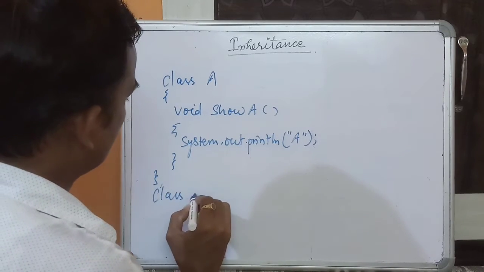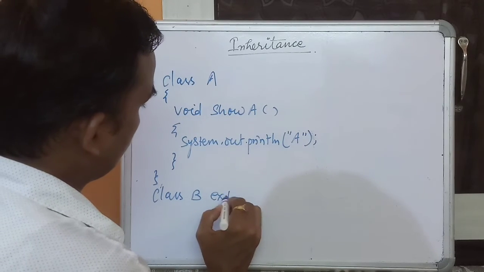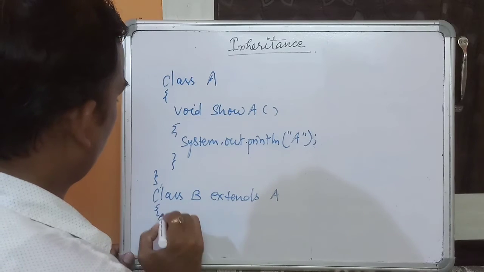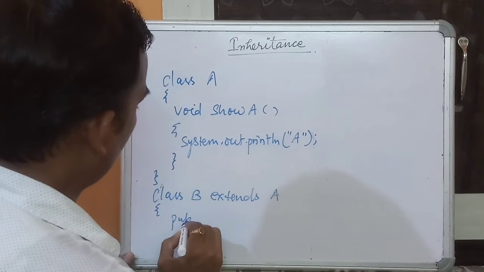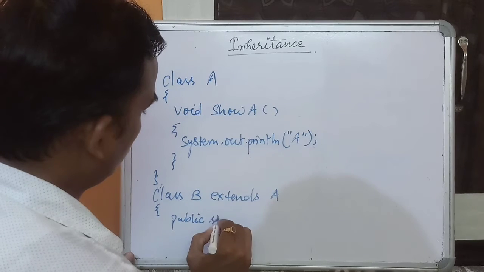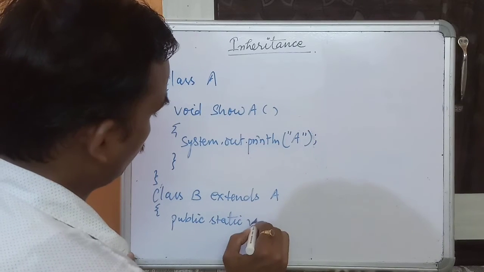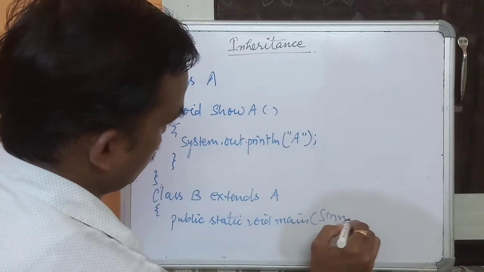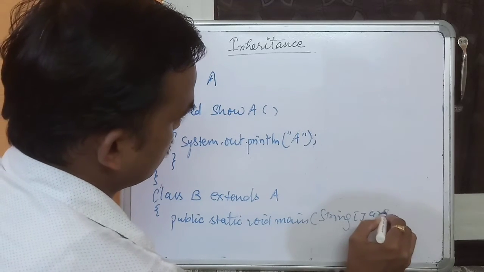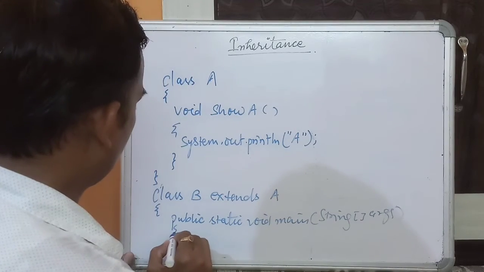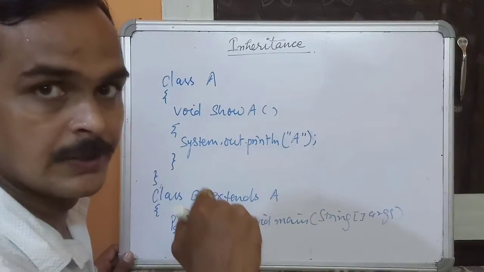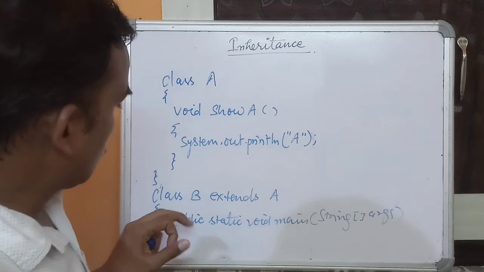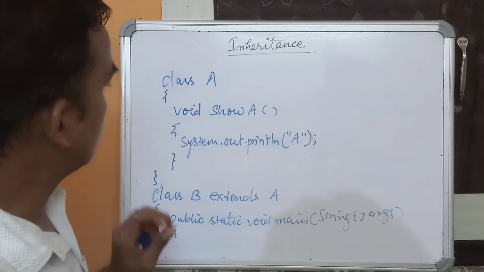So we have class B that extends class A. Now in this we use the main method, that is public static void main, String args. Now in this we create an object to call the class methods of the class A and B.